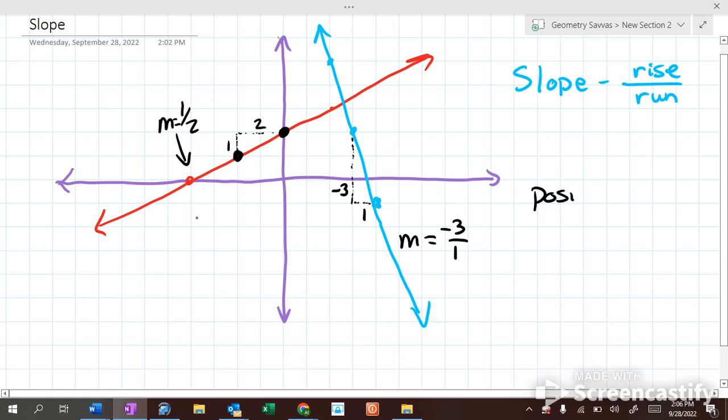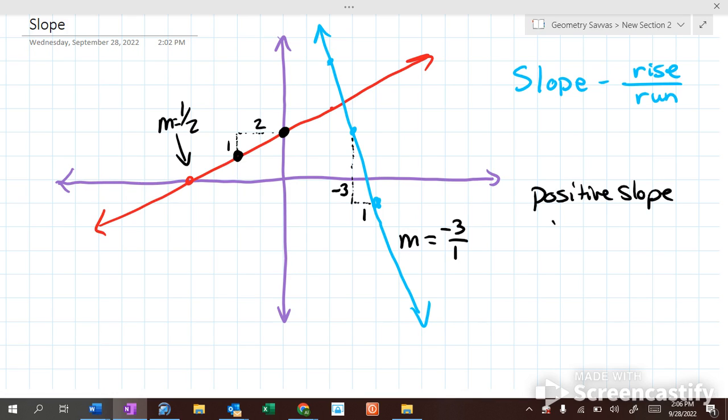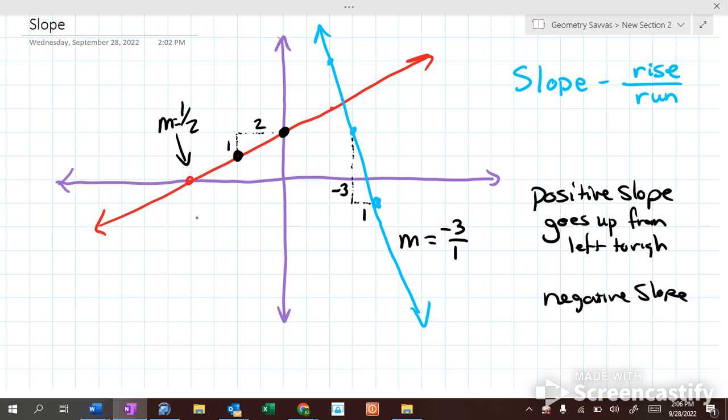So positive slope goes up from left to right. A negative slope goes down from left to right. Okay, we're good with that, right?